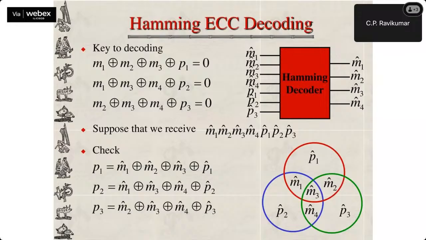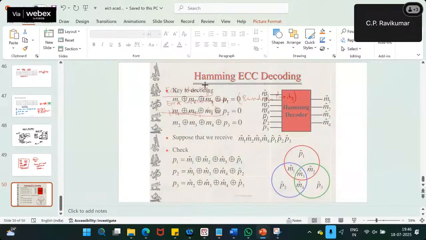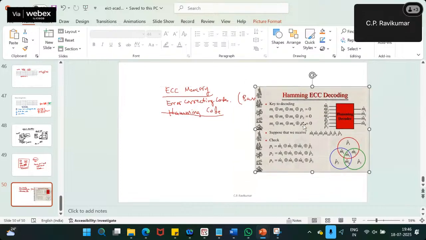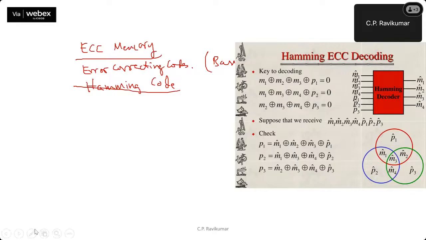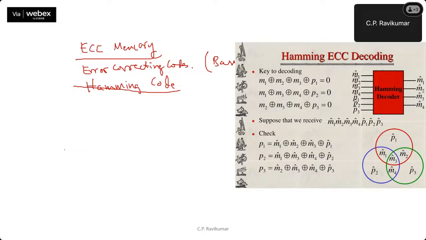So imagine that the data is 4 bits. Okay, so we have a 4-bit data. We want to store a 4-bit data in the memory, right?